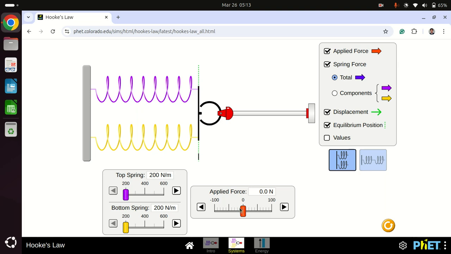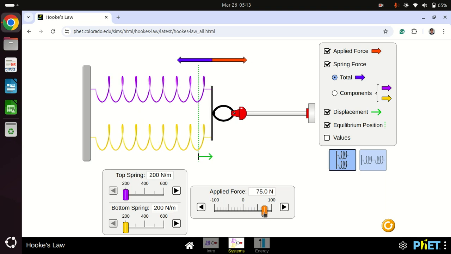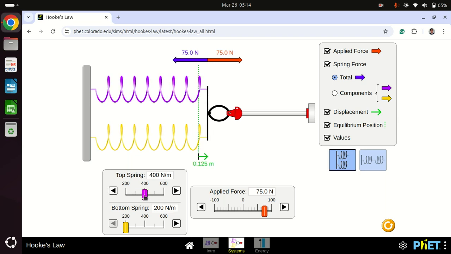Now suppose I apply some force. Okay, let's say 75 Newton. Now let's see the value. Let me increase this. Okay, let's keep this.